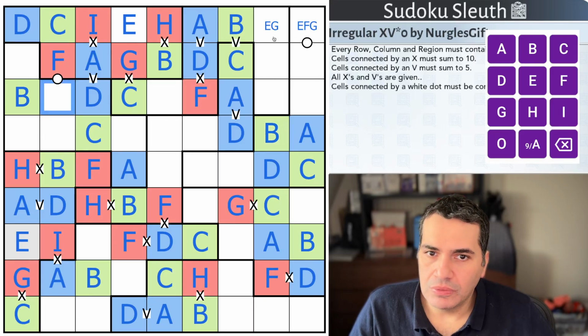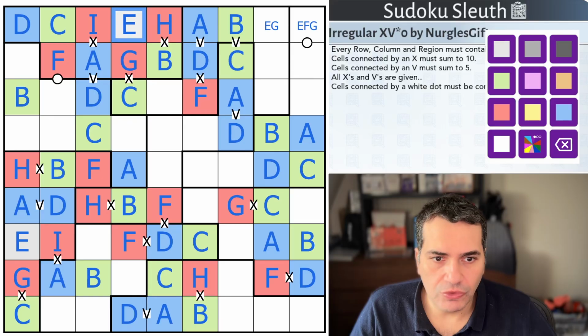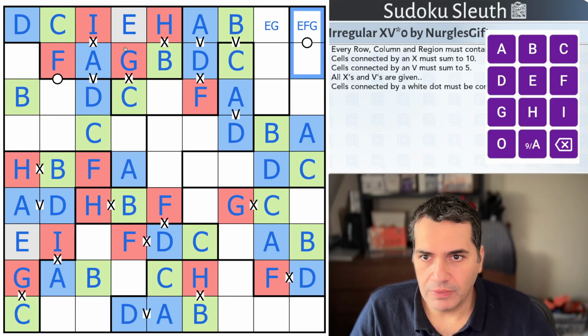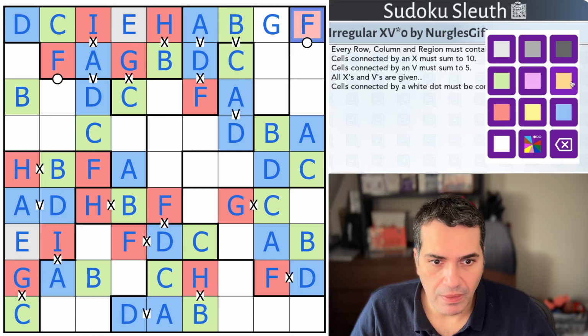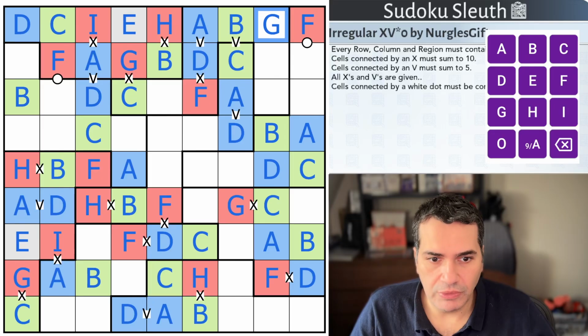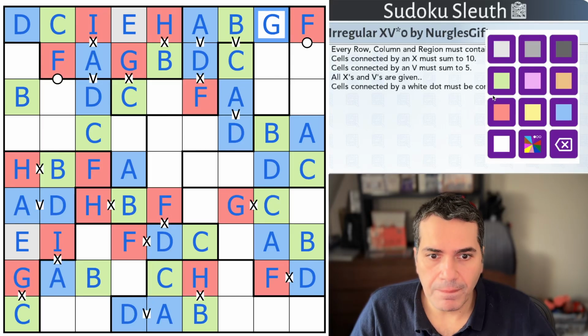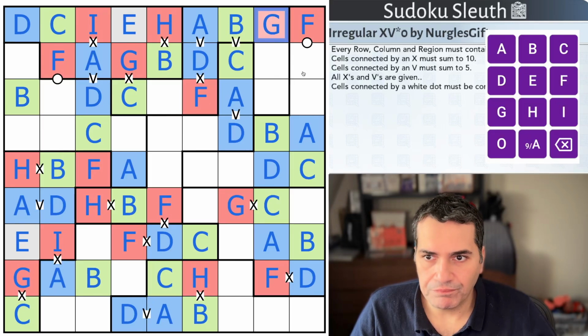It's also starting to help me think about the combos with these white crop kiddos, but actually E gave me G, gave me F, so we actually got double F in here. This white crop kiddo is probably going to help us disambiguate a lot of things when we get to it.